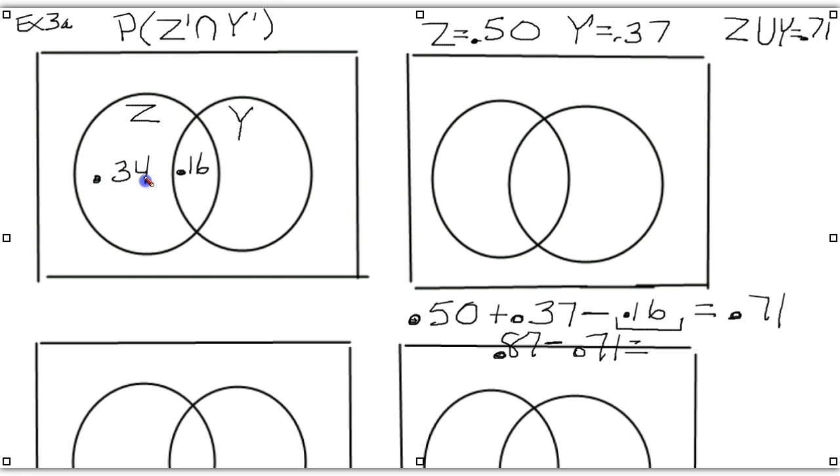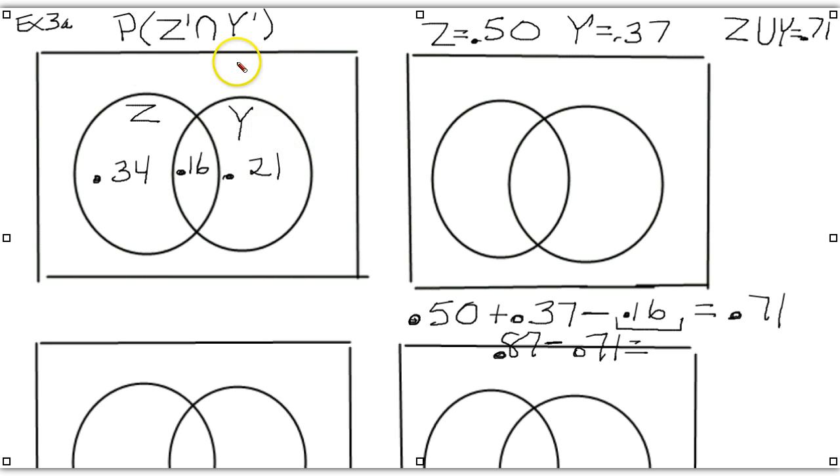Well, if this were 0.50, then this part will be 0.34. And if this was 0.37, this will be 0.21. And now if we added up these three, that would be 0.71, which is our total of all of this.